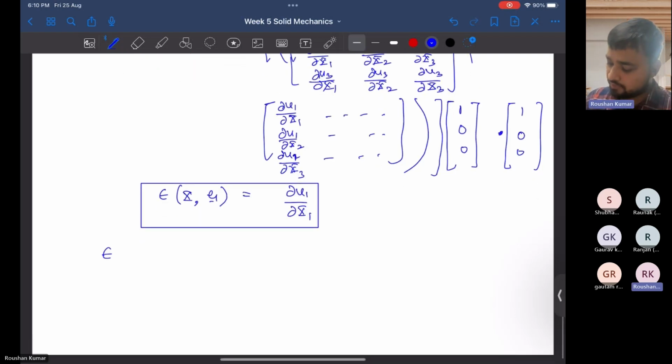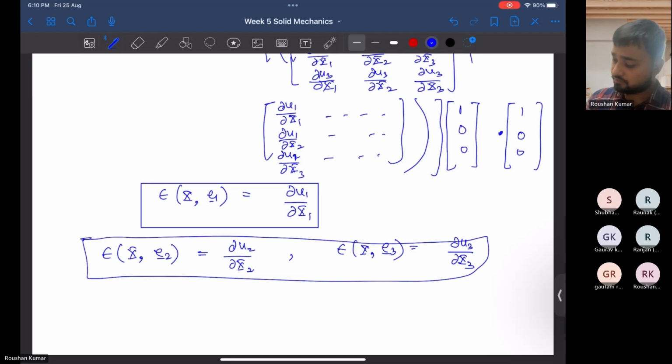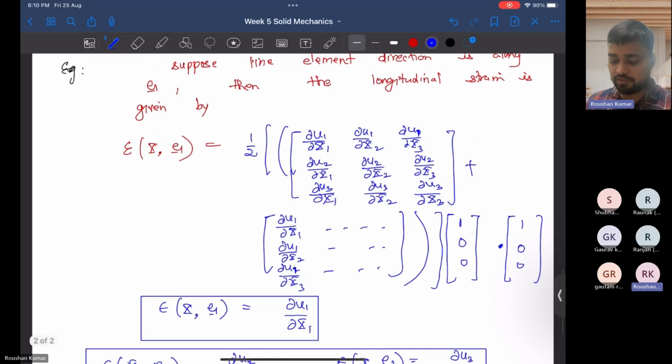Similarly, the longitudinal strain along the E2 direction is del u2 over del x2, and along the E3 direction is del u3 over del x3. So this is about the longitudinal strain along any direction.